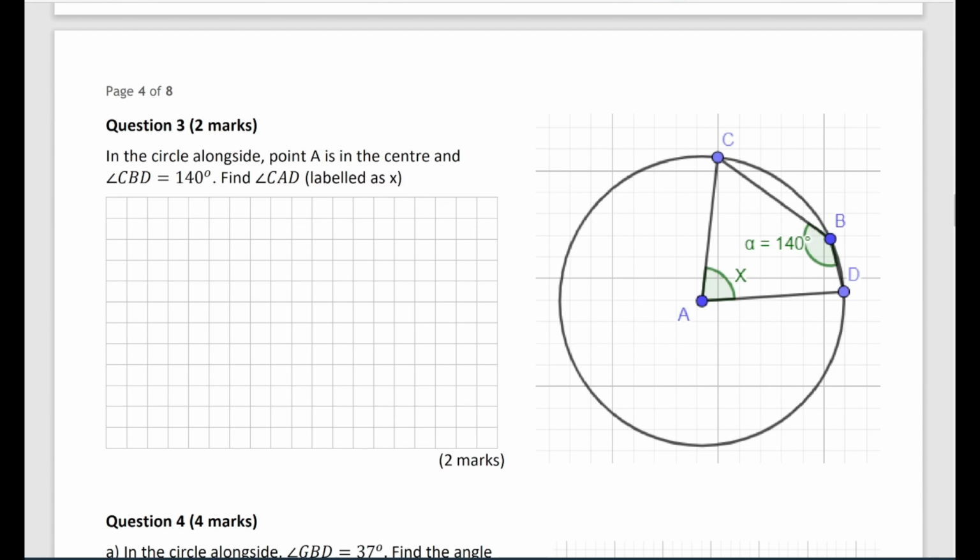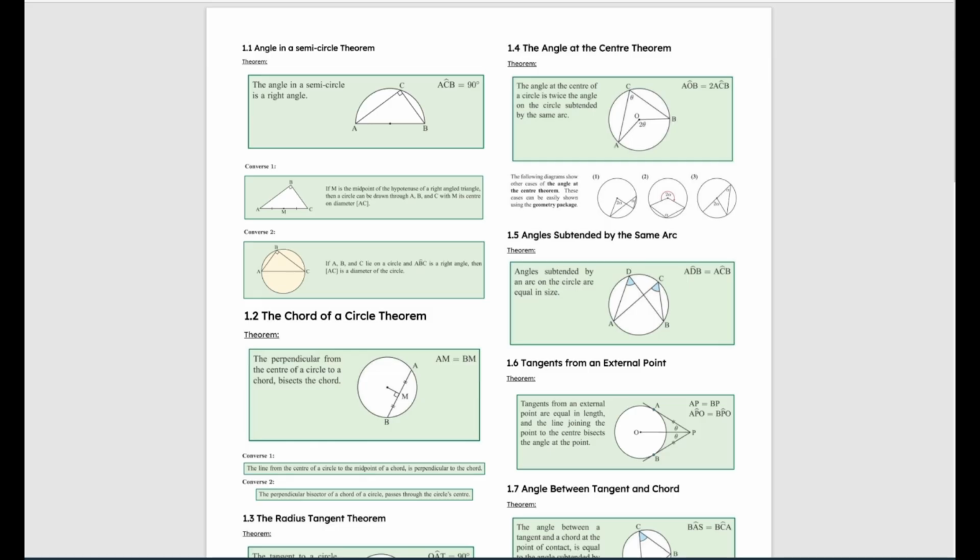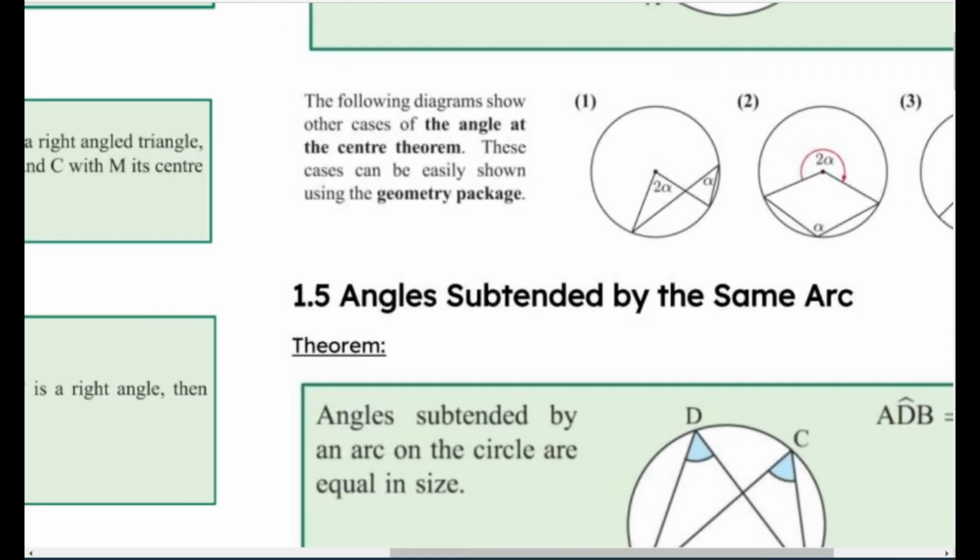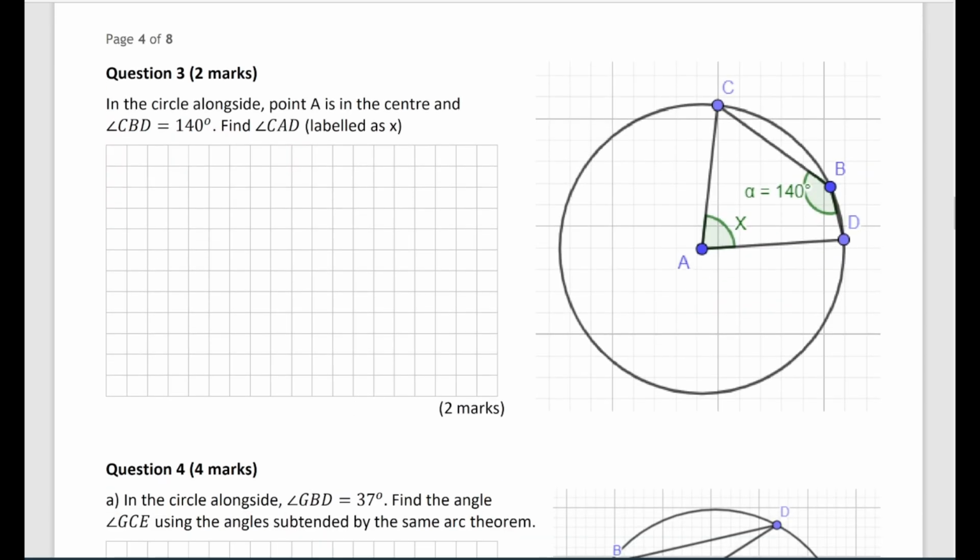In the circle alongside, A is the center and CBD is 140, find CAD. This doesn't tell you the theorem. This is actually the angle at the center theorem, and it's sort of like this special case sitting right here. So let's have a go.